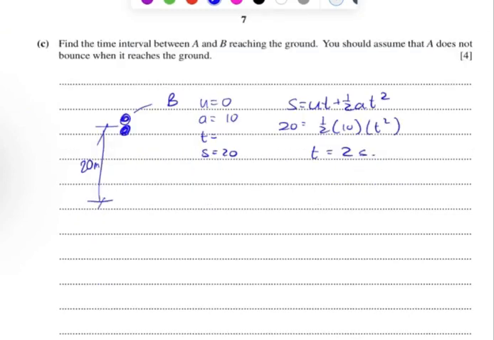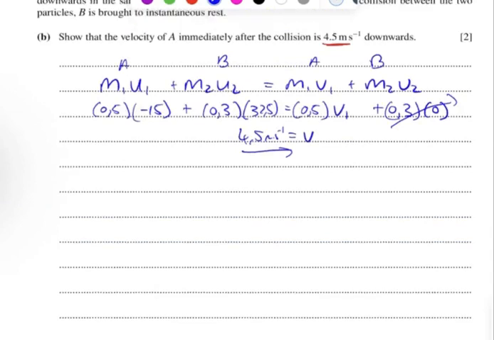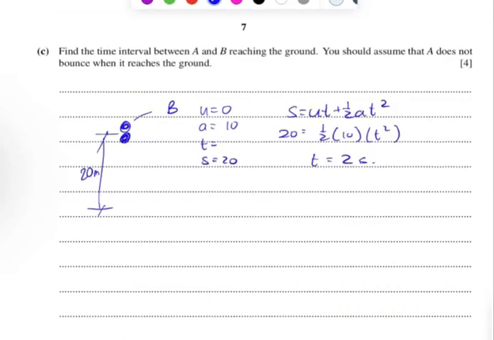Now what was happening with A? We had to prove that A has a velocity going downwards. So B knocked A a little bit down, 4.5, so A is also going down. For particle A, our initial speed is 4.5 meters per second down, our acceleration is 10 going down, we don't know the time, and our distance is also 20.